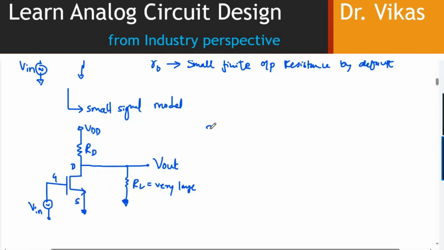I represent my MOSFET with the dependent current source having a value of gm times VGS. And then I represent here my drain, and sorry, this is my gate, right? And this will be my source.